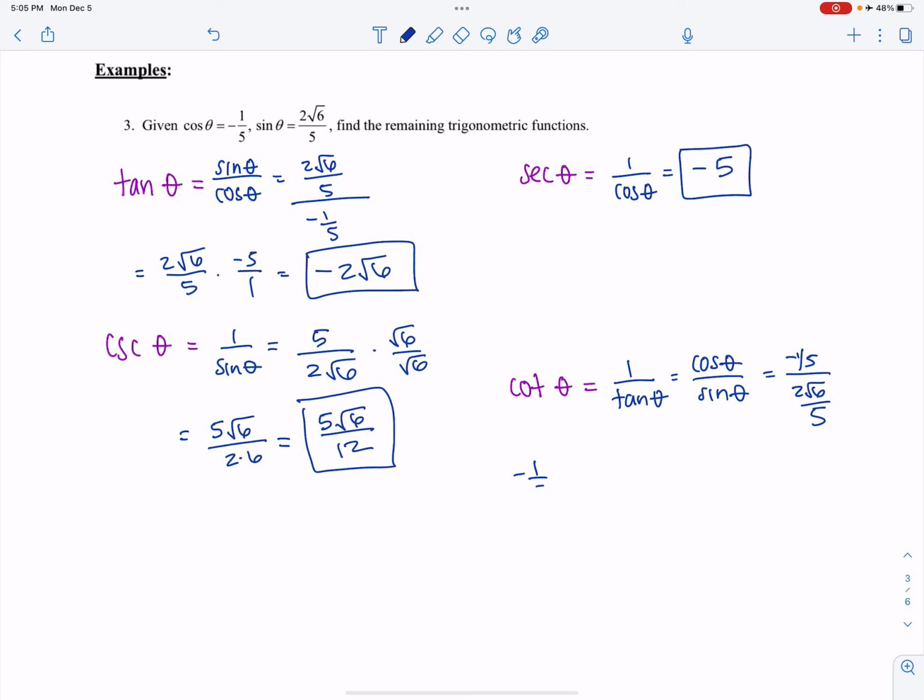So we'll have negative 1/5 times 5 over 2 root 6, which gives us negative 1 over 2 root 6. We don't want that radical in the bottom, so we'll multiply by radical 6 over radical 6, which gives us negative radical 6 over 12.